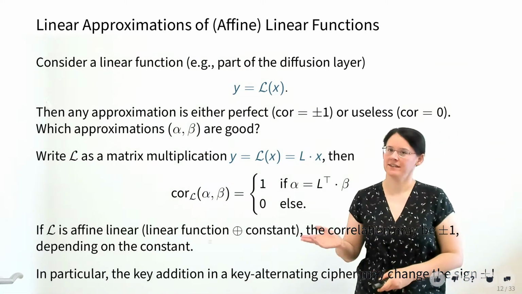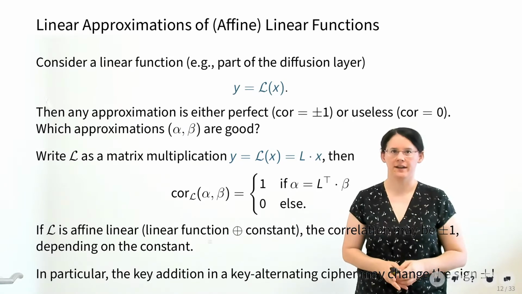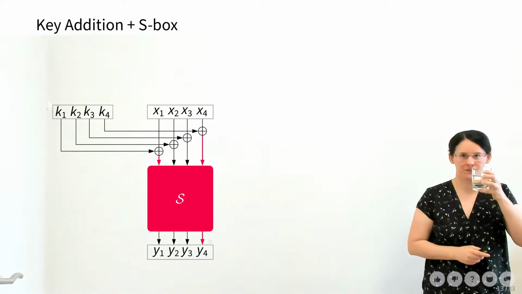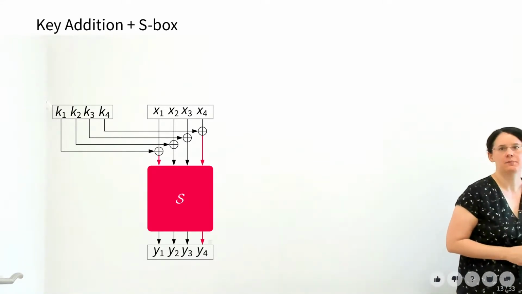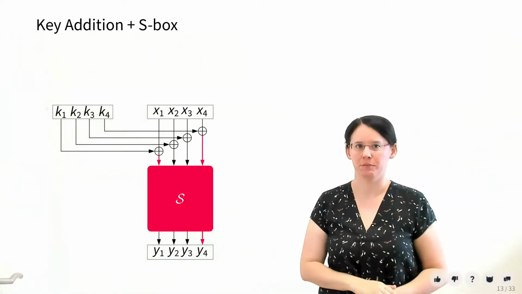Okay, so let's have a look at exactly that, at the addition of a key right before an Sbox. So let's look at the same Sbox as previously, with input and output X and Y, but we have an additional key, where one bit is XORed to each of the input bits.